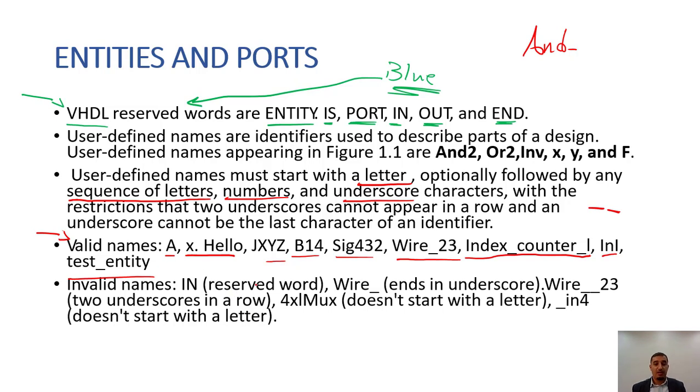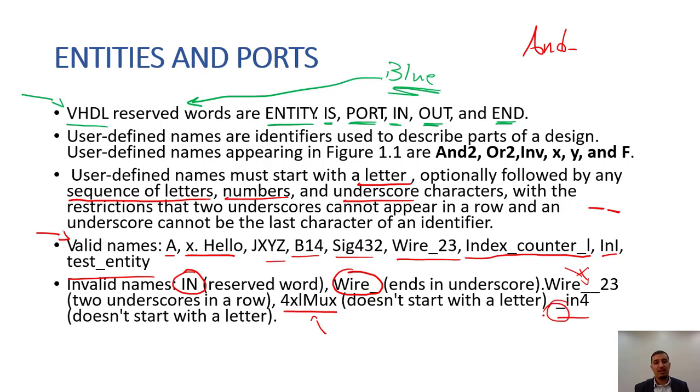Some invalid names: in, this is a reserved word, you cannot use it. Wire_, it ends with an underscore. Wire__ two underscores in a row, you cannot use them. 4_multiplied_by_1_max is wrong, you cannot start with a number. And _in_4, you cannot start with an underscore.